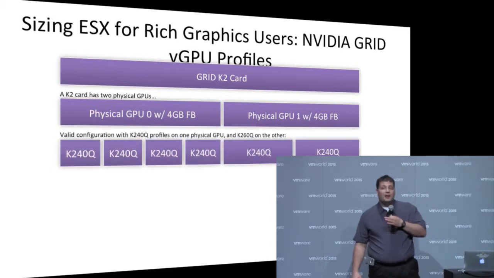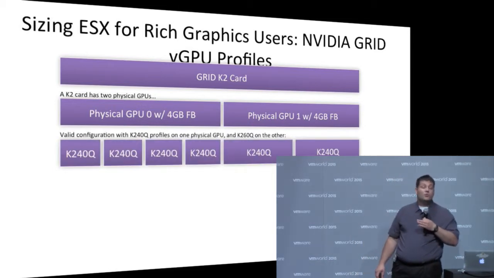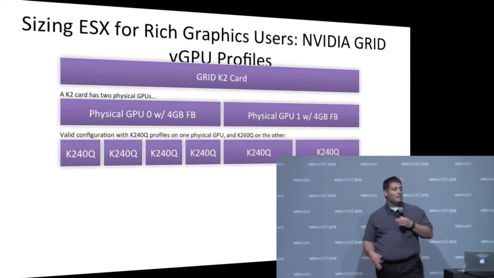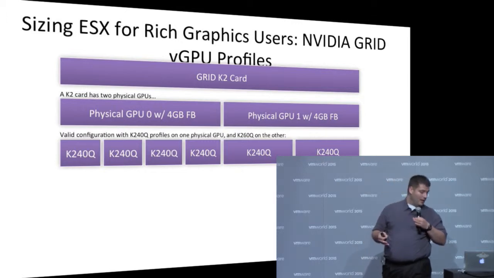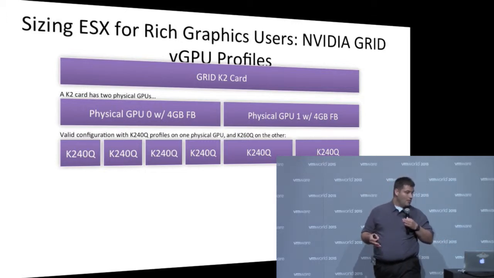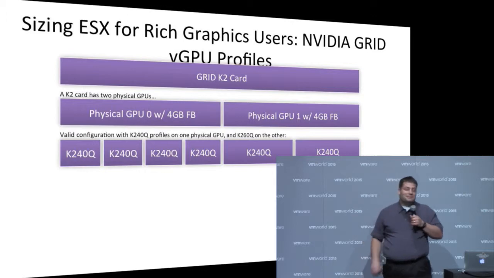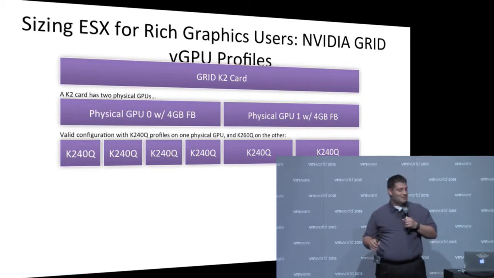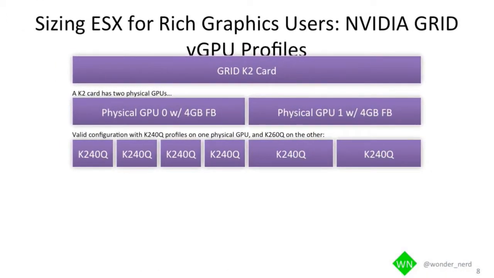Then we can expand on that and do the K240Q design, or a, my bad, my brain slipped. So we can either split that up and have 4 of one configuration or 2 of the other configuration and split that across the 2 GPUs.